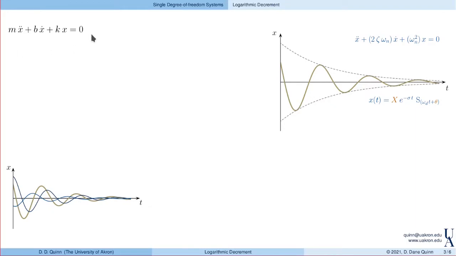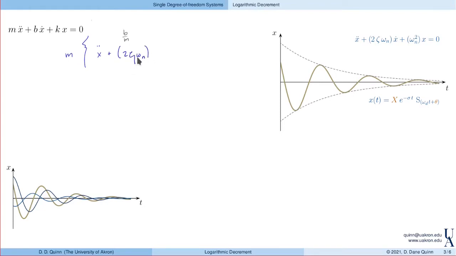So again, we'll start off with the equation of motion. In this context, I assume that this is the exact model, right? And although I don't know the parameters, I do know the results of that model. So, one thing we do to simplify this is that we factor out the mass. And then what's left is our equation of motion in standard form, right? So it's x double dot plus, well, then this term would be b over m, but we choose to write that as 2 zeta omega n.